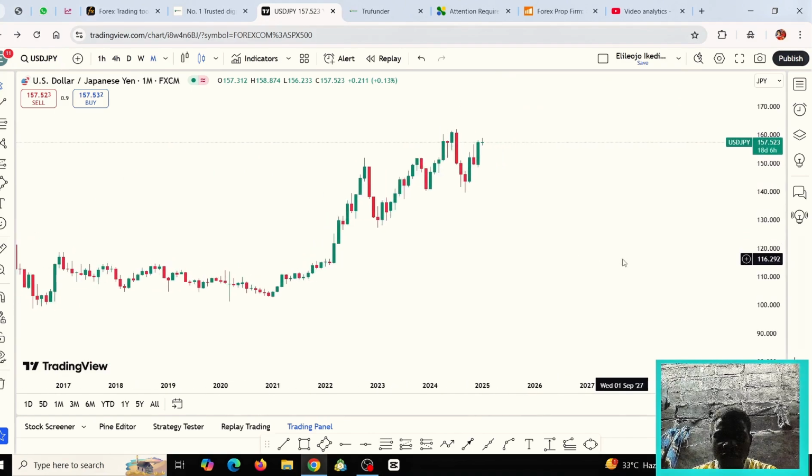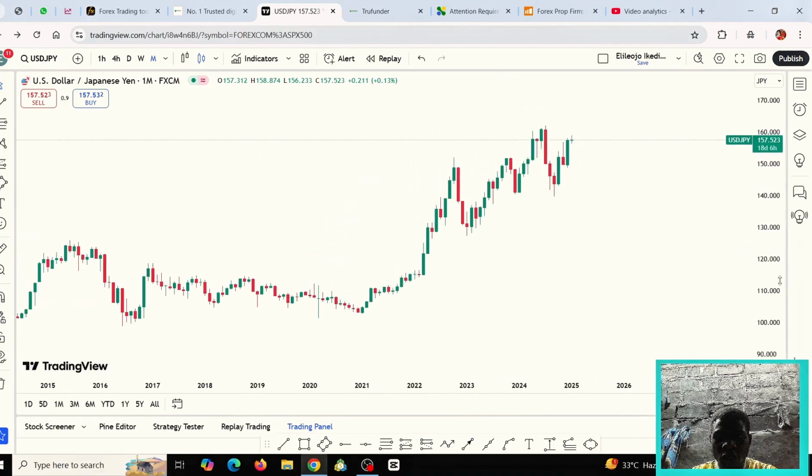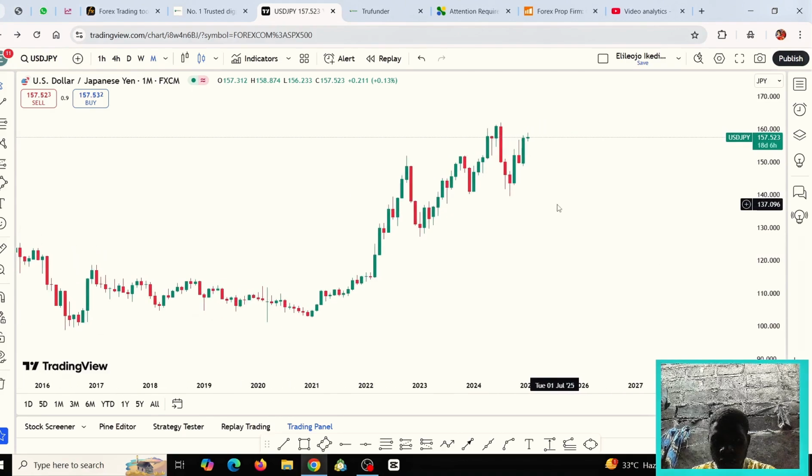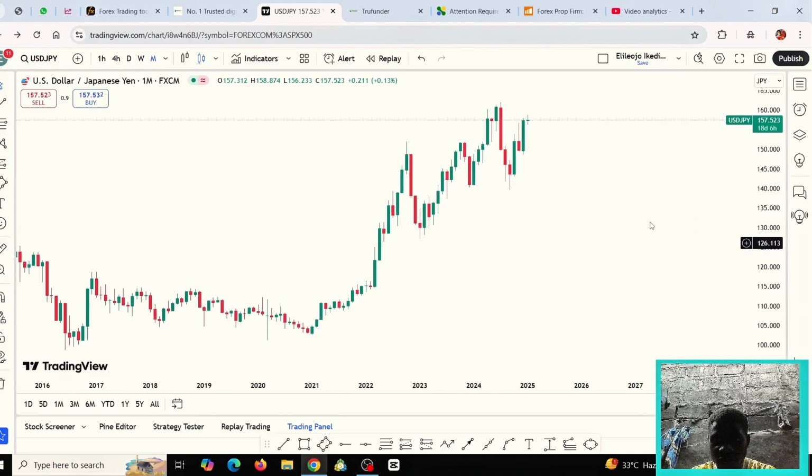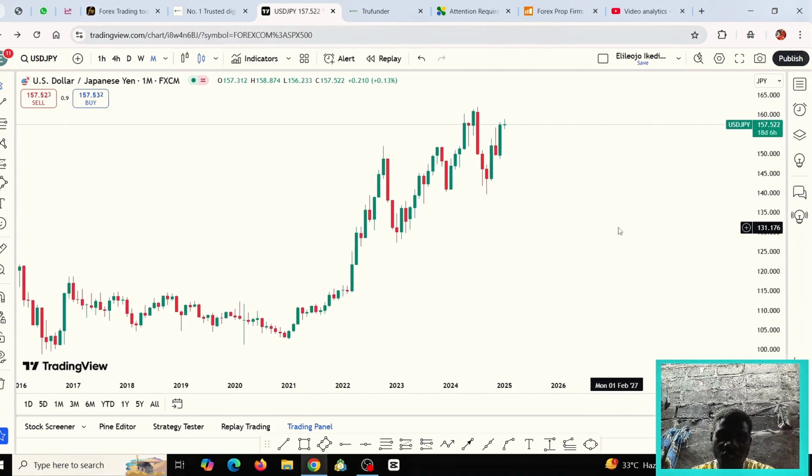Looking at the monthly time frame of USD JPY, you can tell just by looking at this that the USD JPY is in a clear bullish trend. This is a low, this is a high, higher low, higher high, higher low, higher high, higher low.